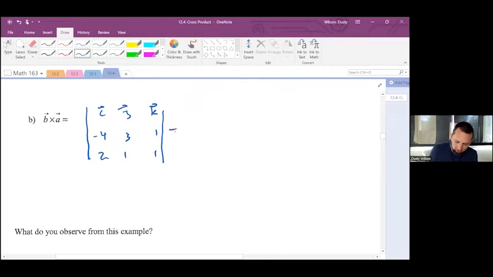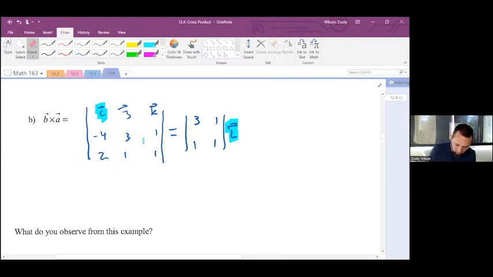And this cross product will be the i's times all that stuff. So that would be the determinant of 3, 1, 1, 1 times i.